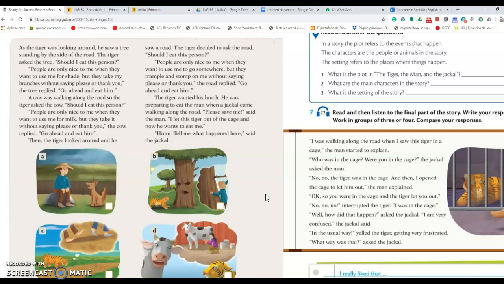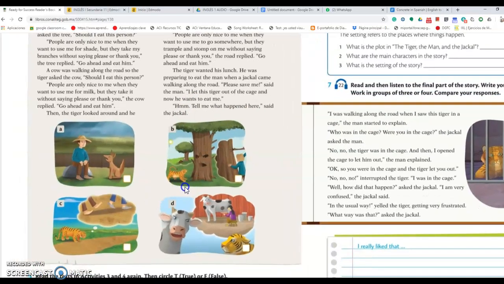The tiger wanted his lunch. He was preparing to eat the man when a jackal came walking along the road. "Please save me," said the man. "I let this tiger out of the cage, and now he wants to eat me." "Tell me what happened here," said the jackal.